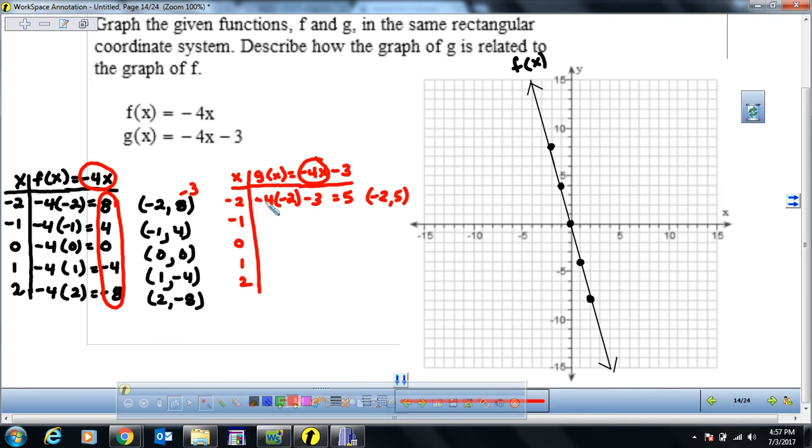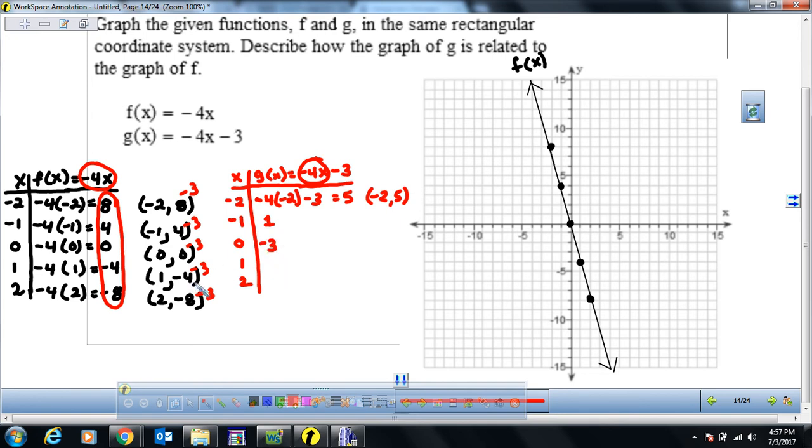So all we have to do, we don't have to recreate the table. Anytime we have two functions that have the same equation, the only difference is a minus or plus a constant, that constant is going to be added or subtracted to the y values. So I'm just going to do that. If I subtract 4 minus 3, that's going to give me a 1 right here. 0 minus 3 is negative 3.